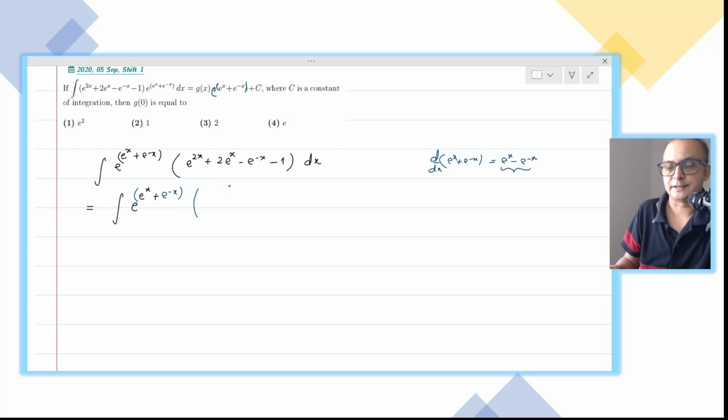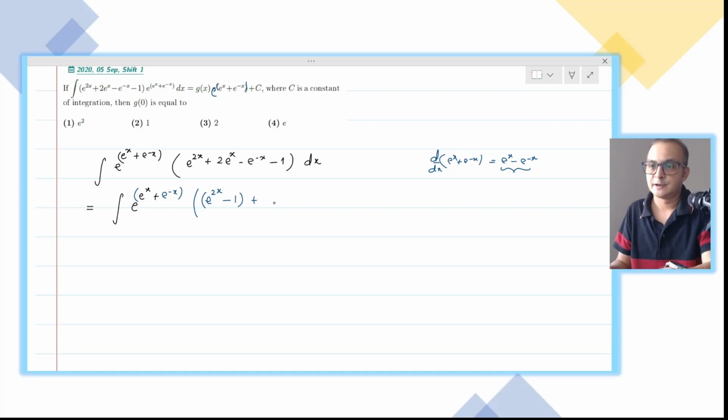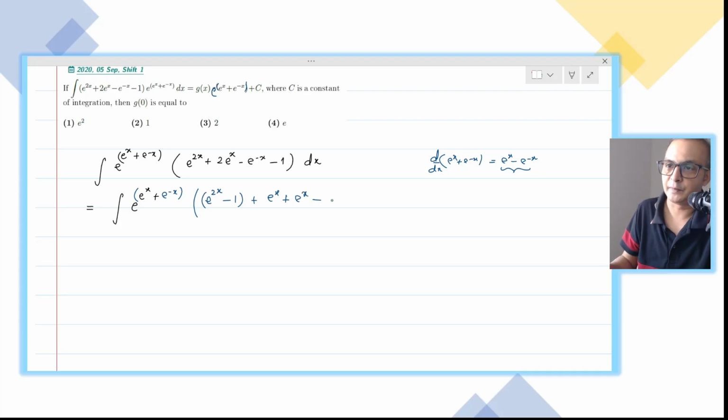How? Let's think. I can think that e to the power 2x I'm taking with minus 1, and this e to the power x 2 times what is given there, I'm writing 2 times, like e to the power x plus e to the power x and minus e to the power minus x dx.